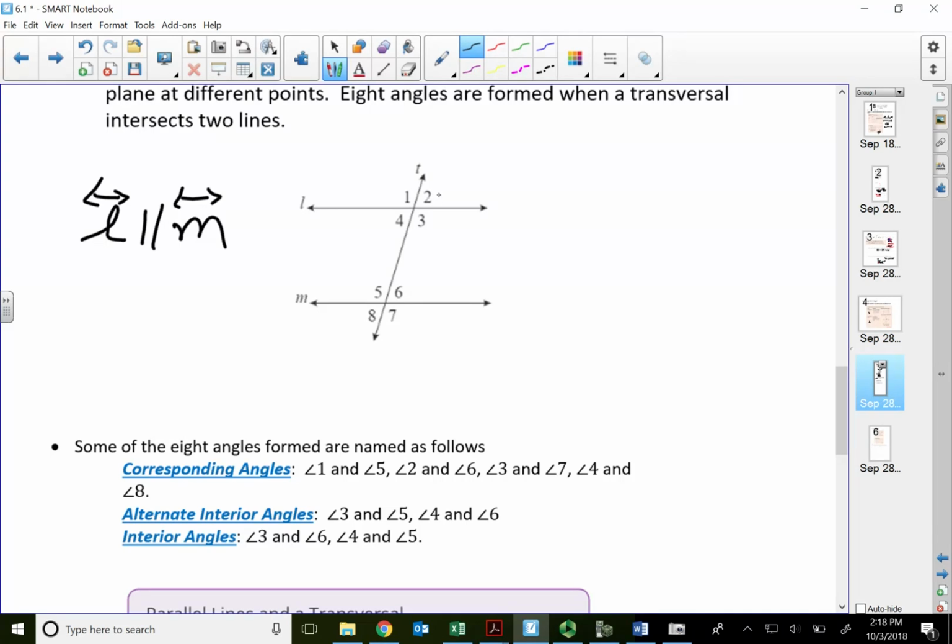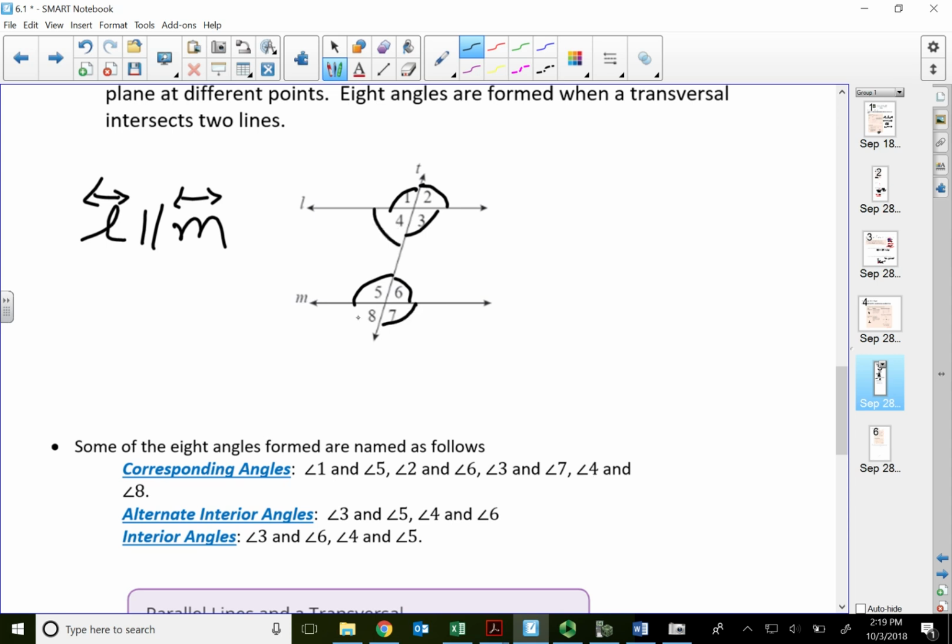So if you look at angle 2, angle 2 is above L, to the right side of T. Another angle that is in a similar position is angle 6, which is also to the right of the transversal, but this time it's sitting above line M. So 2 and 6 are corresponding. 1 and 5 are also corresponding because these two are at a similar position between the 2 lines, L and M. So 3 and 7 are at a similar position.